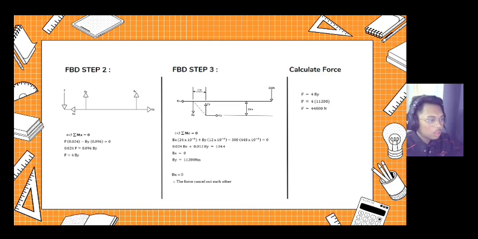So the next we want to find the moment. We want to find the value By. So Bx times 24 divided by 10 to the negative 3, and then plus By times 12 divided by 10 to the negative 3, and then minus 300 times 448 divided by 10 to the negative 3 equals 0.